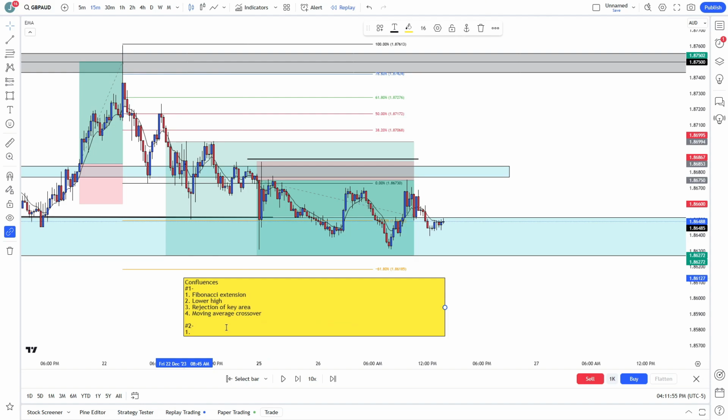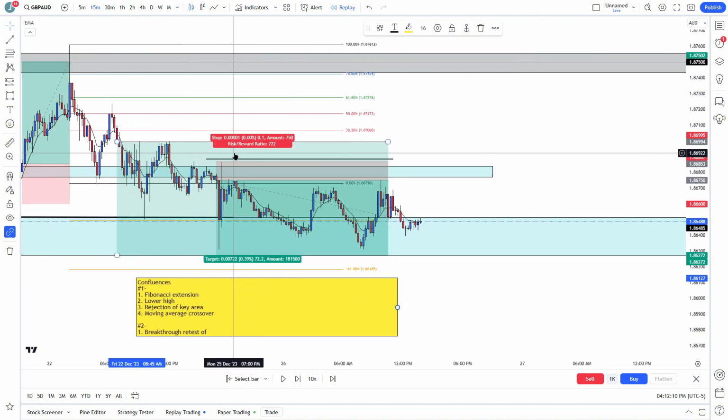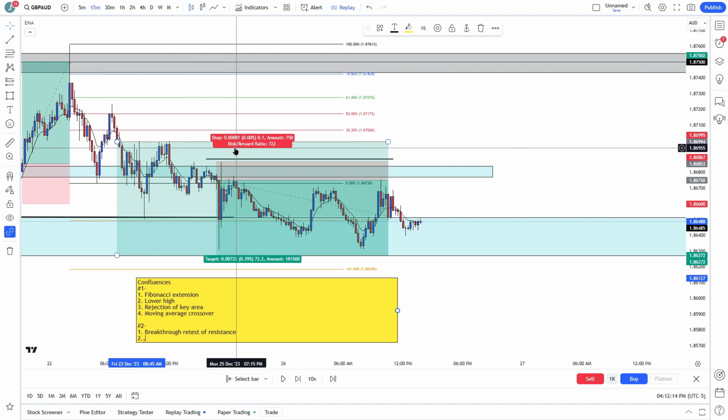Trade number 2: breakthrough and a retest of this support area, which was resistance at the time, so I'll say resistance because the price was below it, so it was a ceiling. Moving average confluence as well.